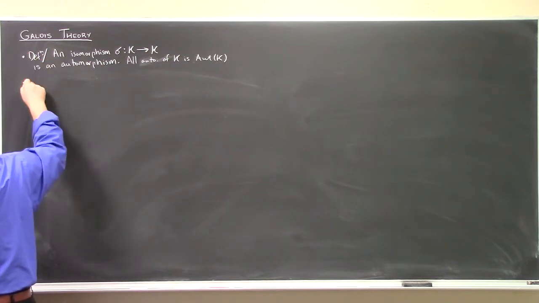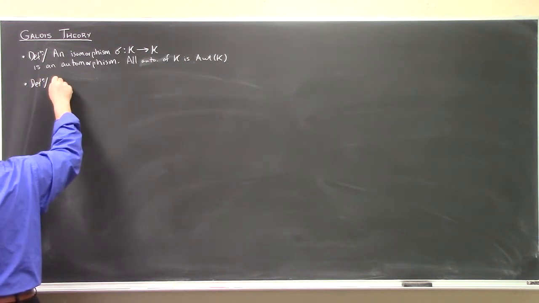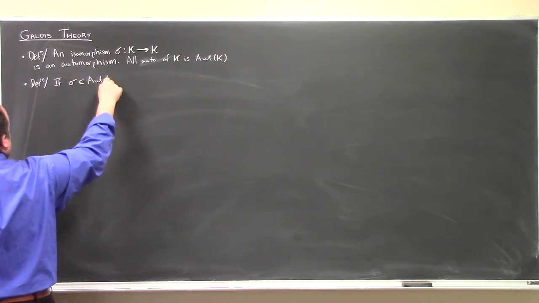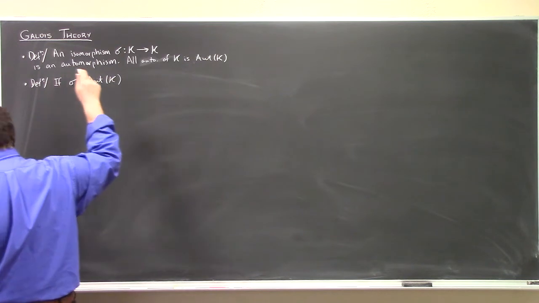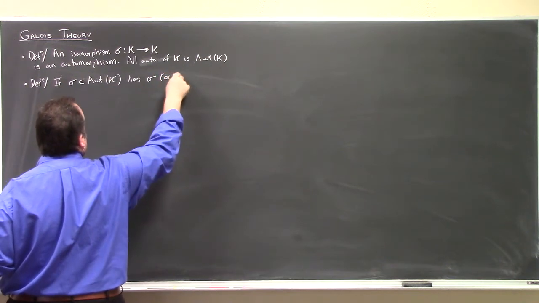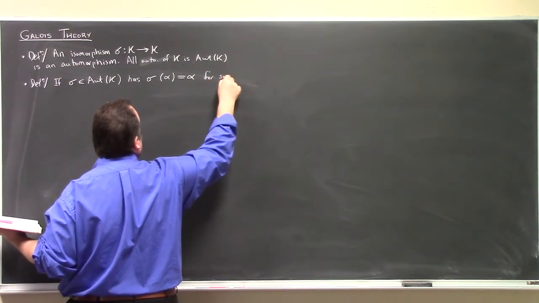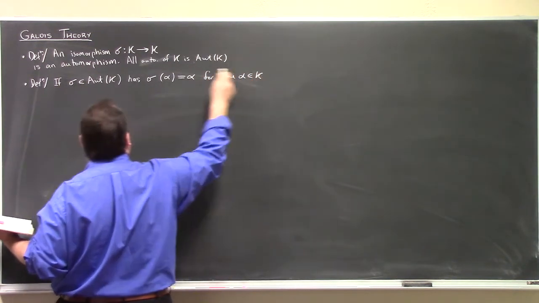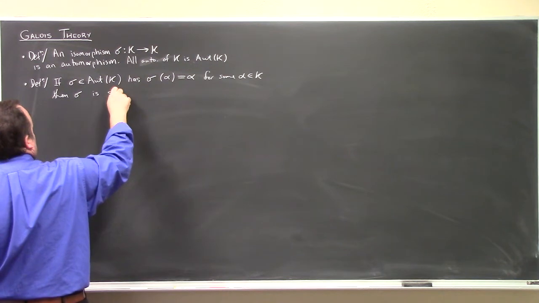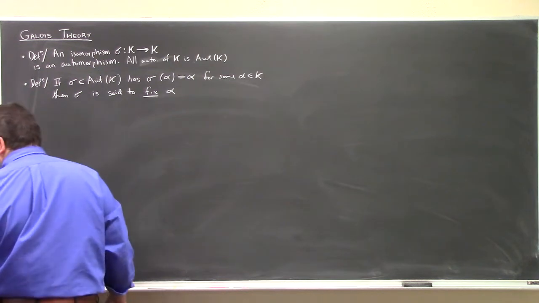First point. Second, if sigma in the automorphisms of K has sigma of alpha equal to alpha, for some alpha in K, then sigma is said to fix alpha, right?